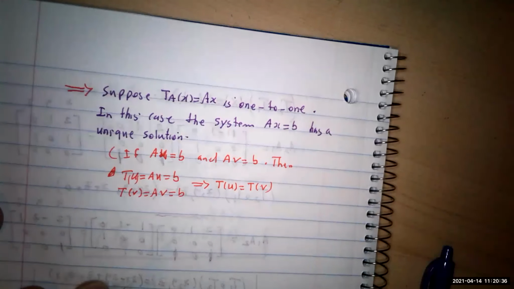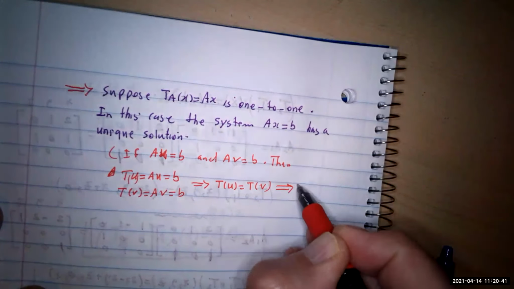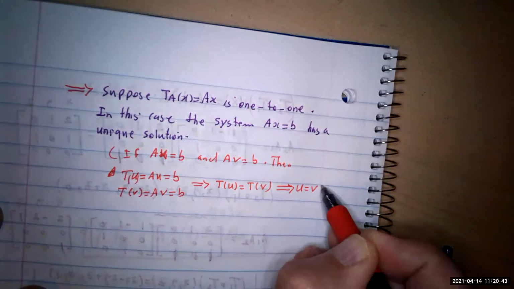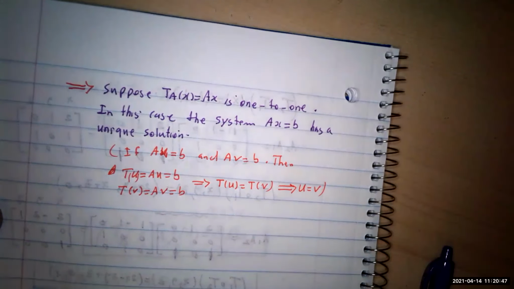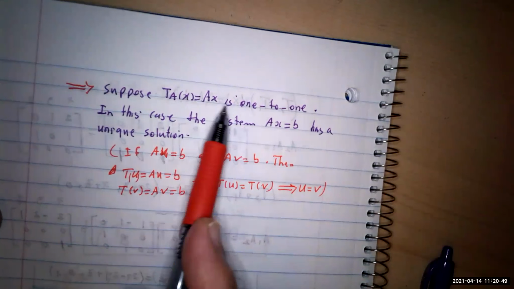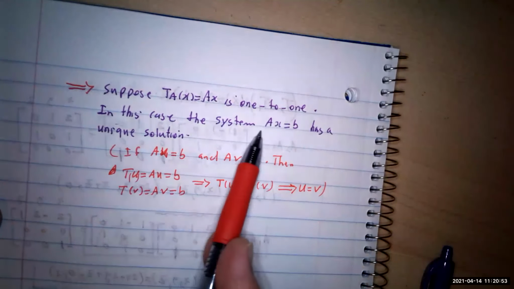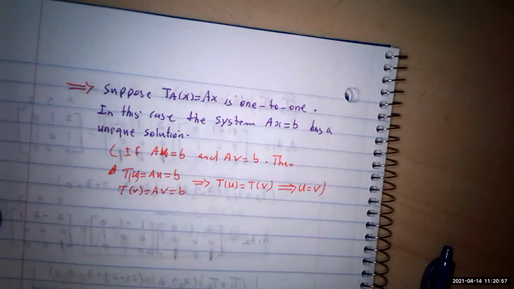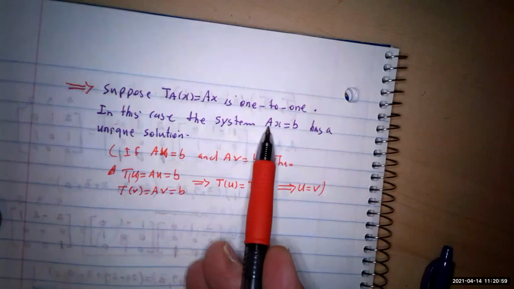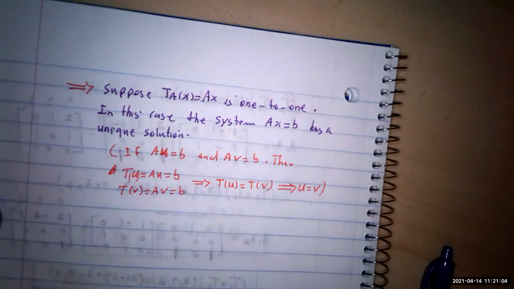But T is one-to-one, so this means u is equal to v. Okay? So if T_A is one-to-one, this system AX equal to B has a unique solution. You know that if you get a unique solution, this means A is invertible, because you have the A inverse, you multiply both sides by A inverse, and you get X.